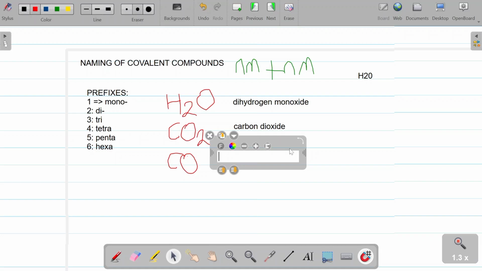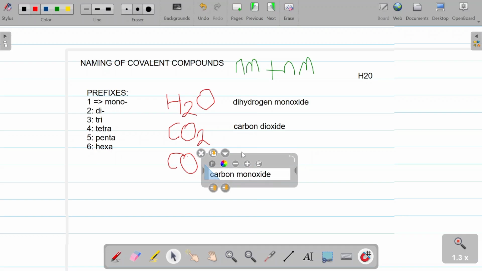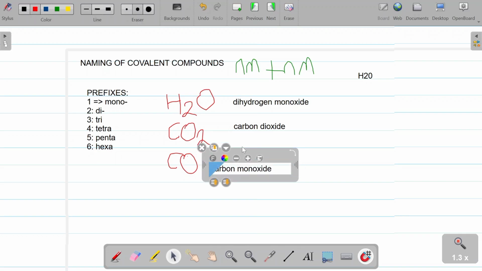So like I said before, if the first element only has one atom, we don't bother to add the prefix mono. We just say carbon, like that. Now the second element only has one atom, so we add the prefix and write monoxide. So this second one here is carbon monoxide.